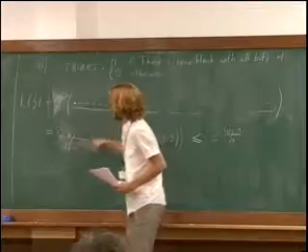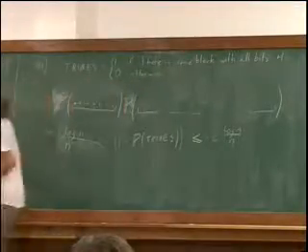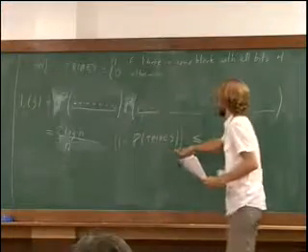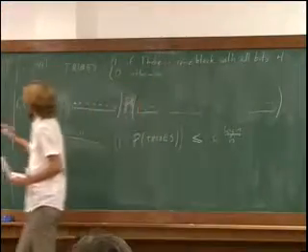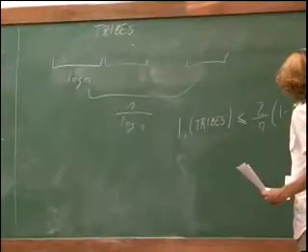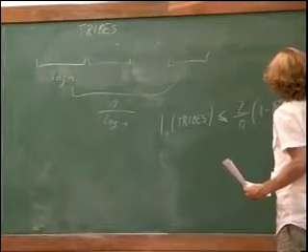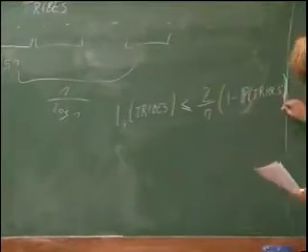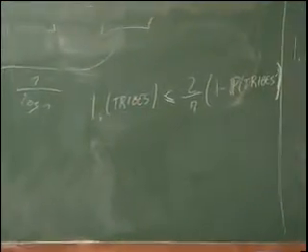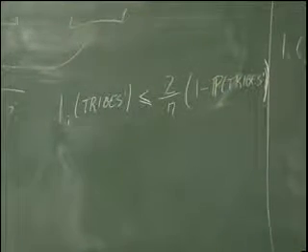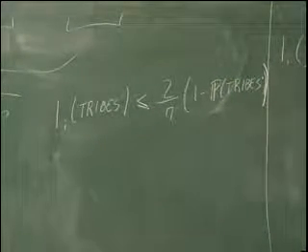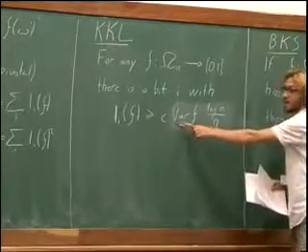We wouldn't get 2 log n over n, but rather 2 over n times 1 minus p of tribes prime. Okay, so far so good, but in the KKL theorem we're not having 1 minus p, we're having variance here.